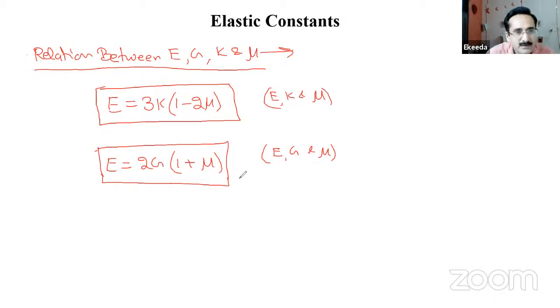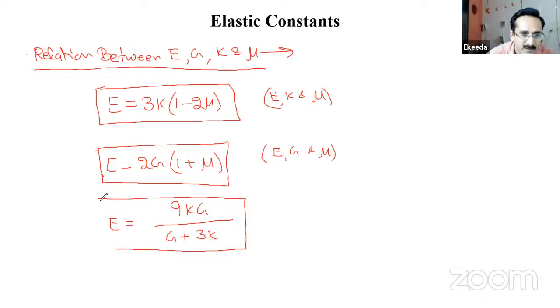And there is one more relation also, if we replace mu, between E, K and G. So that relation is E is equal to 9KG, it is not kilogram, it is the constants K and G, divided by G plus 3K. This is the third relation between E, G and K, where the mu is not required, right?